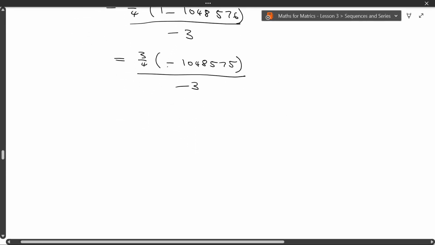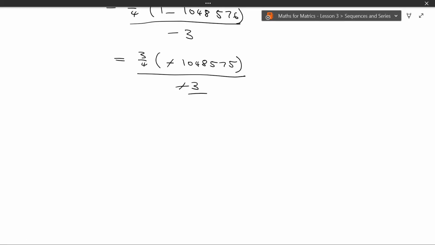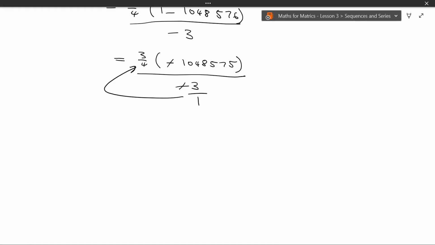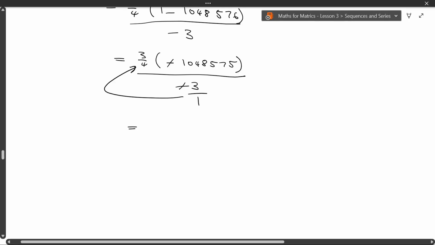The two minus signs cancel each other. And 3 can be written as 3 over 1. So we can take 3 over 1, flip it, and then multiply it with 3 over 4. 1 times 3 is 3, and 3 times 4 is 12. So we have 3 over 12 times 1,048,575.